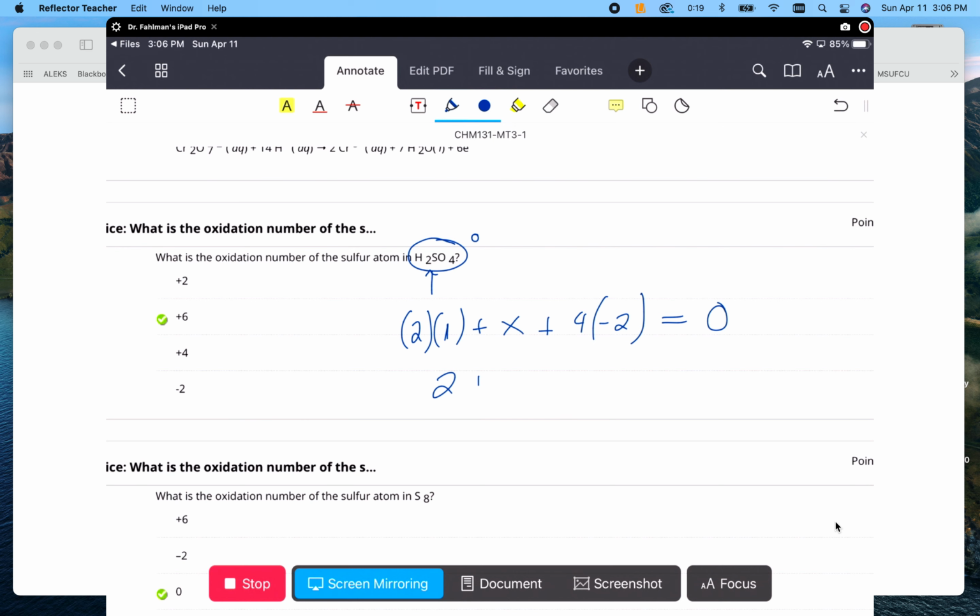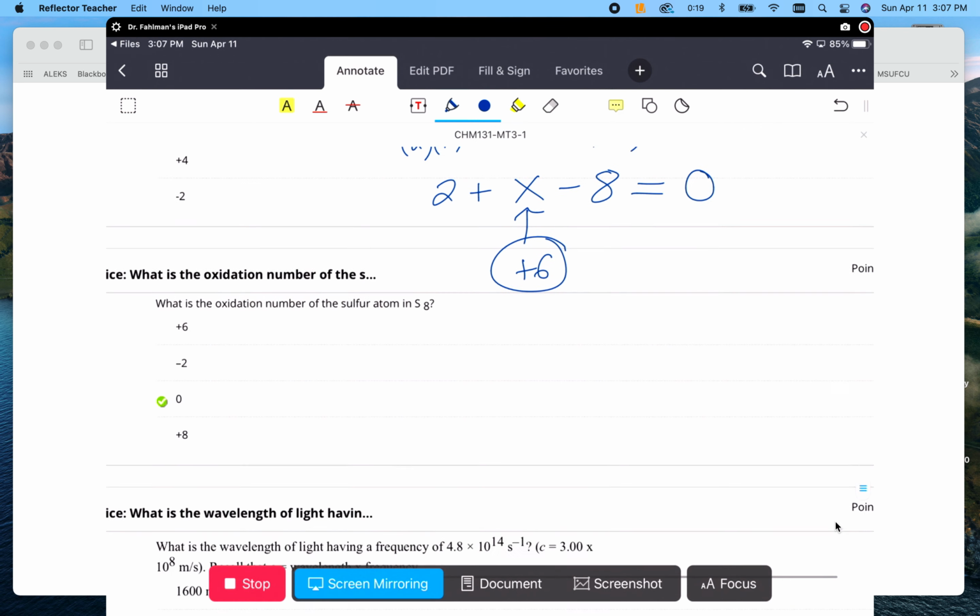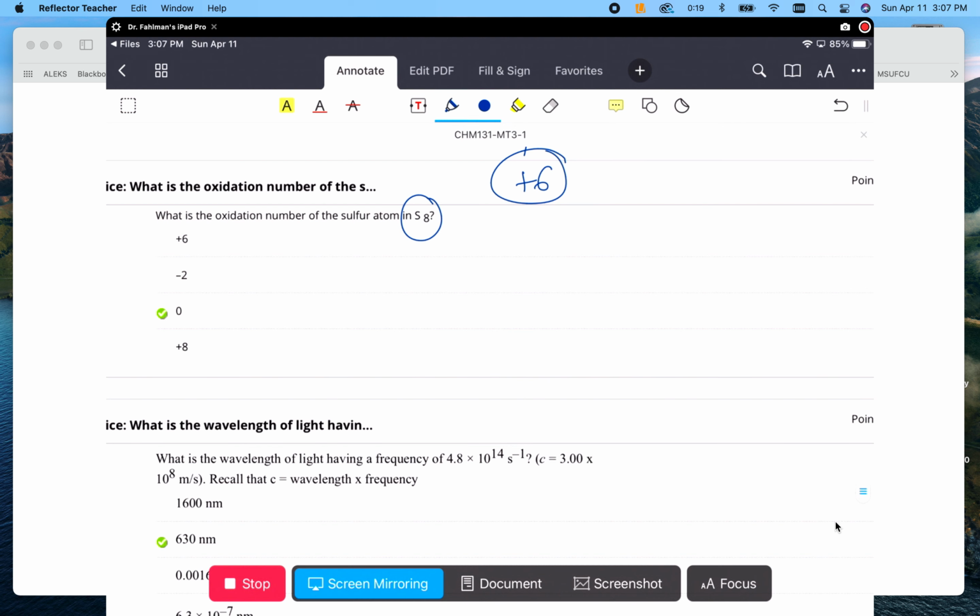So you've got 2 plus X minus 8 is equal to 0. So this has to equal +6. And then this one, S8, I did an example on the board saying that all elements, including all the allotropes, are 0. So that would be 0.